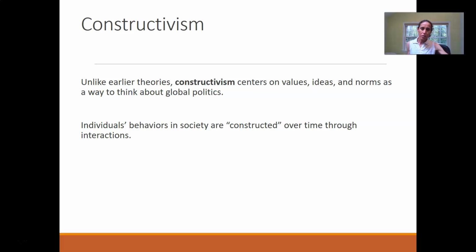This is the idea that individuals' behaviors are constructed, and they're constructed over time through the interactions between us and other countries. So the best example is that if we are going to encounter aliens, right, then we kind of start a relationship from zero.